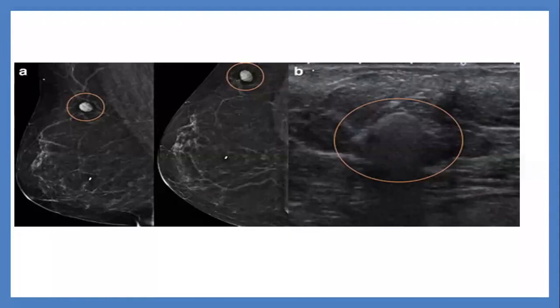Is it the central region, or the whole mass is high density? The whole mass shows high density. On ultrasound it shows a snowstorm appearance, so this may represent granulomatous inflammation of the lymph node.